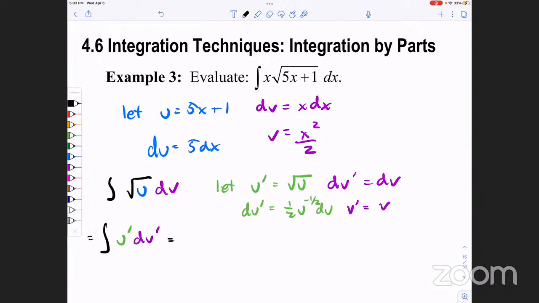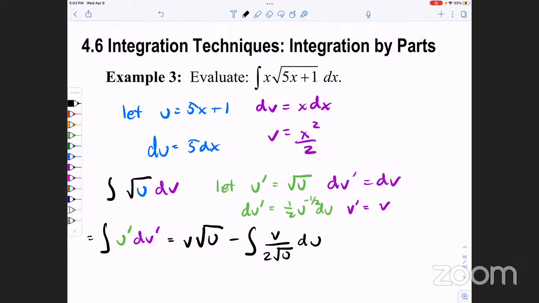That's going to be v times the square root of u, minus the integral of v du, or v prime du prime, right? So v over 2 times the square root of u du.